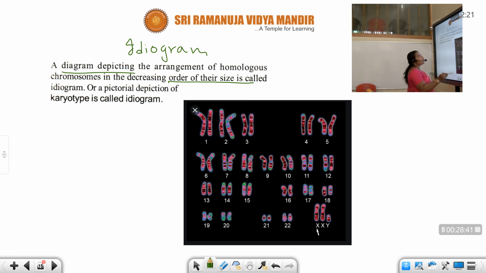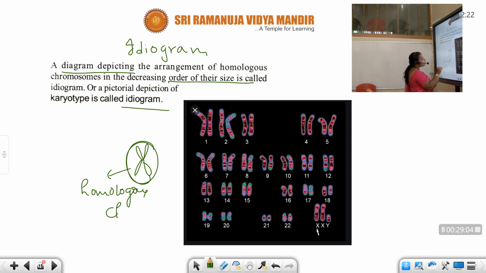This arrangement, a pictorial depiction of the karyotype, is called an ideogram. A pair of chromosomes is called homologous chromosomes. This arrangement of homologous chromosomes as per their size is called an ideogram.